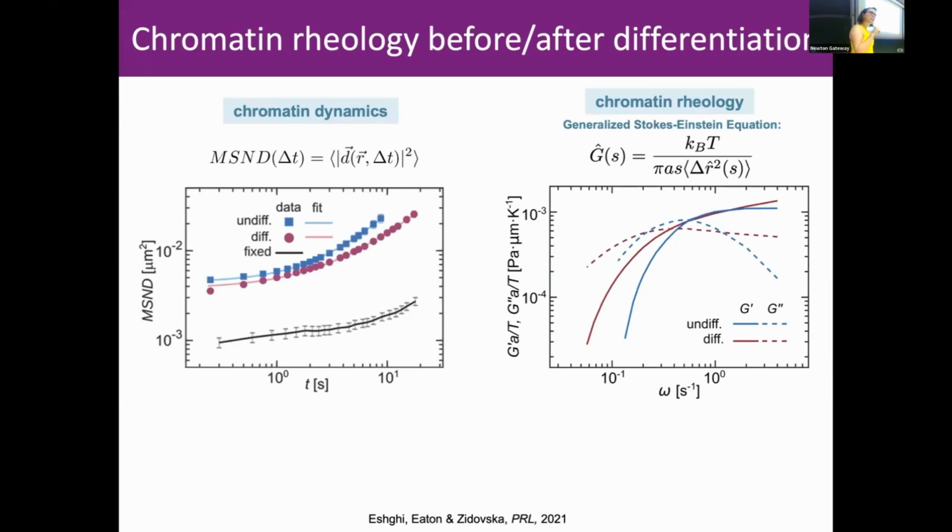So to go from these displacements to rheology, we take inspiration from passive microrheology. We use the generalized Stokes-Einstein equation to extract the viscoelastic moduli, loss modulus and elastic modulus.